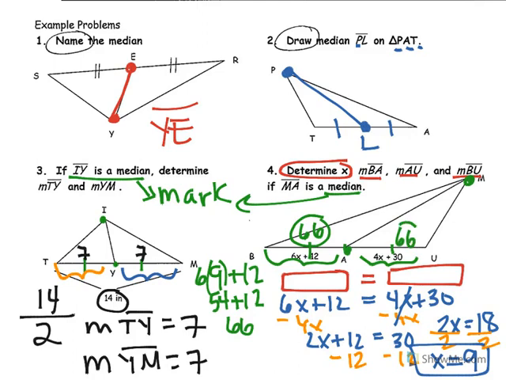AU is also going to be 66, and if I think about that, 4 times 9 is 36, plus 30 does get me 66. And now, last but not least, let's find BU. So the measure of BU, that's all the way from one side to the other side. I can add 66 plus 66 and get 132, but you can check that for me, okay? So I can name, I can draw, and then I can solve algebra problems for measurements. All right? Good luck.